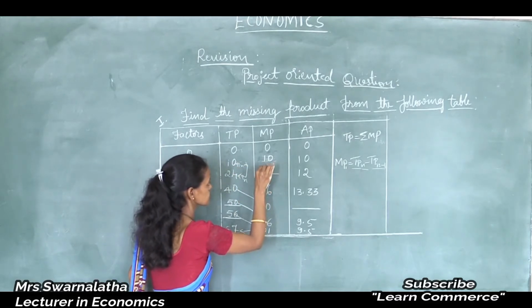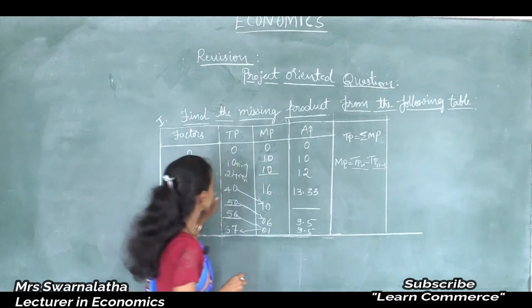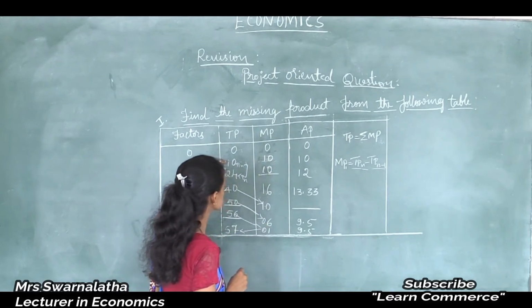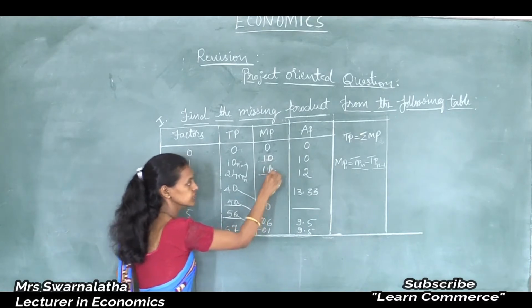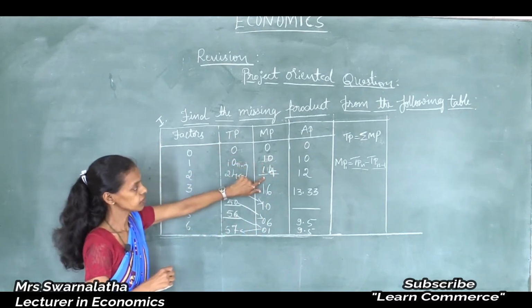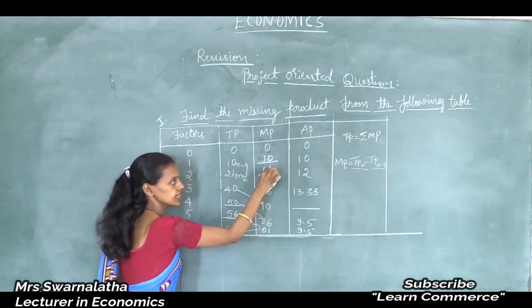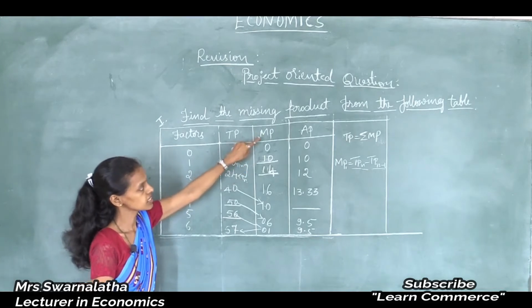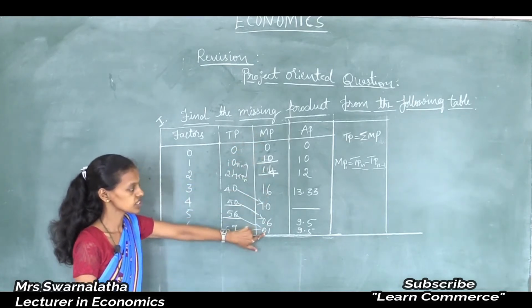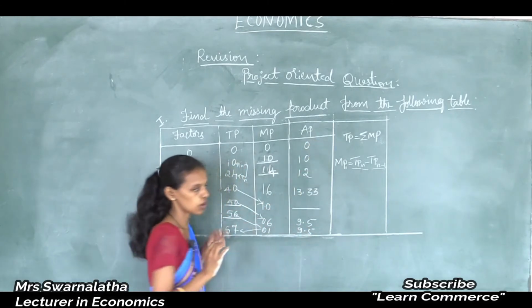That is 14. Thus 10 and 14 are the missing products of MP. So TPN minus TPN minus 1 is used to calculate the marginal product. Next we are going to find the average product.